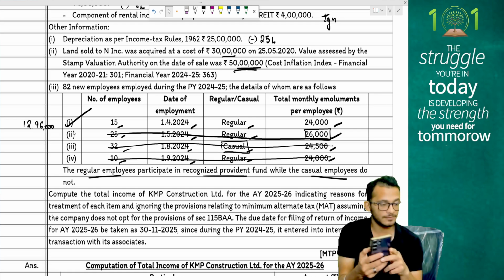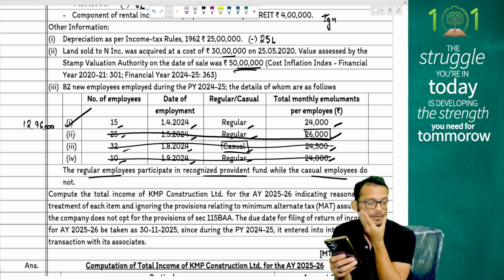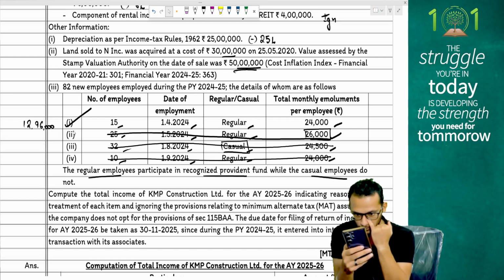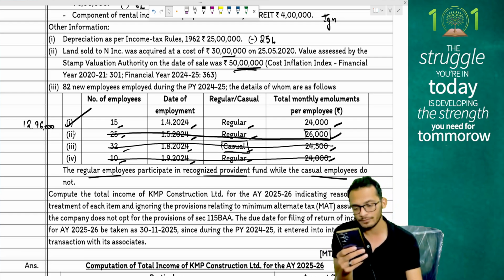The 25 employees have not been considered as their emoluments exceed 25,000. Full stop.